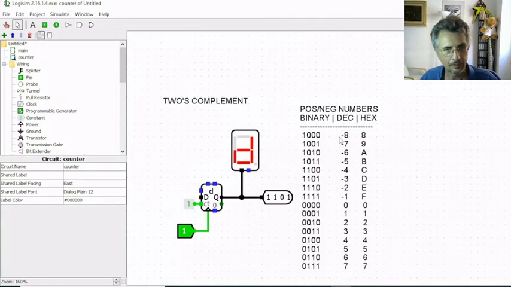This is a very interesting property, because if we take a positive number and apply 2's complement to it, we obtain a negative number, but if we repeat the operation of 2's complement another time, we obtain again the first number.